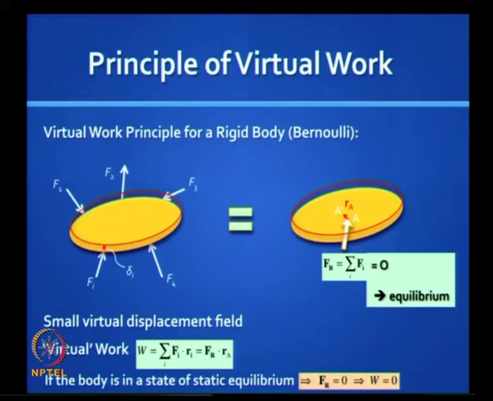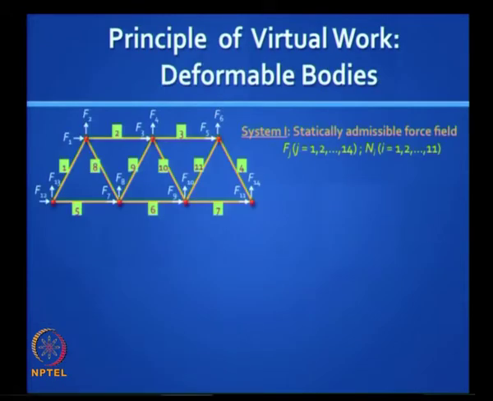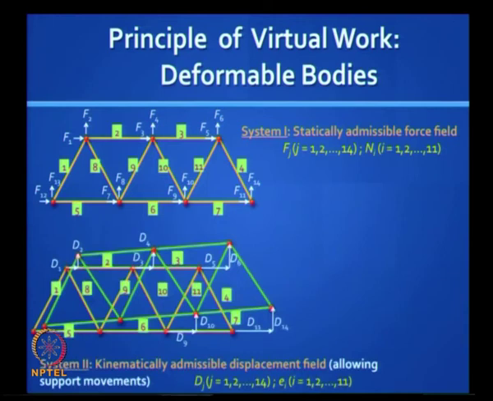Now, although this was originally proposed for rigid bodies, this can also be applied for deformable bodies, and all our structures are deformable. If you go back to the earlier problem of the truss, we can actually extend the principle of virtual work to a more expanded and diverse application, where we can even visualize two identical structures and we look at the force field in one of them and the displacement field in the other.